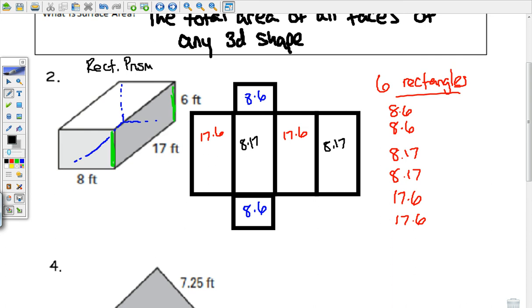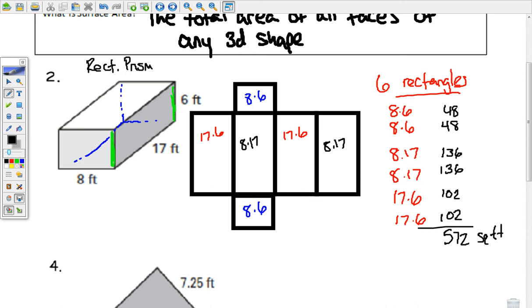So when you add all those numbers up, you can do the math. 8 times 6 is 48. 8 times 17 is 136. And 17 times 6 is 102. When you add all these black numbers up, you'll get your final surface area. And go ahead and check that, but when you add it all up, it's 572 square feet.